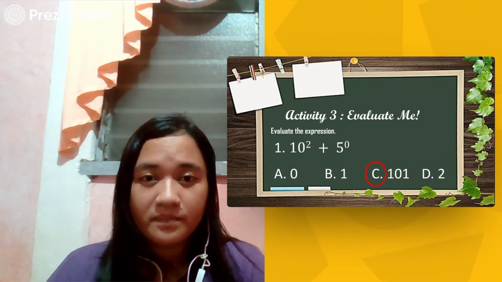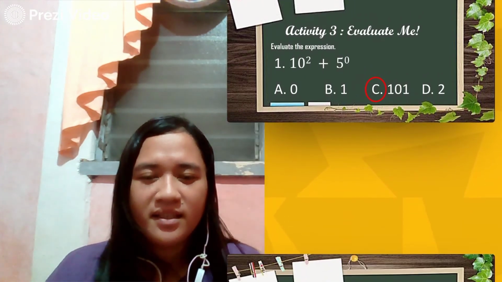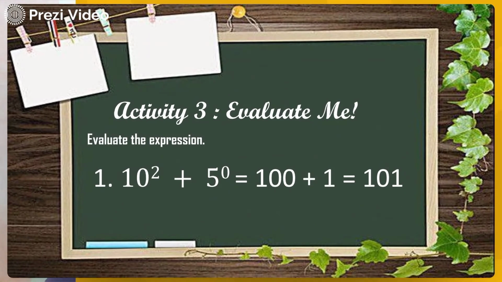Kay 10 times 10, 100 plus 1 na siya 101. Very good. Diba? Ang exponent sa 10 kay 2. So, 10 times 10 is equals 100. Then, by the 0 exponent, 5 to the 0 is 1. That's why it's 101. Very good.